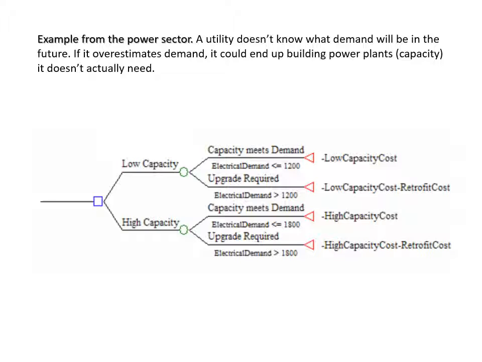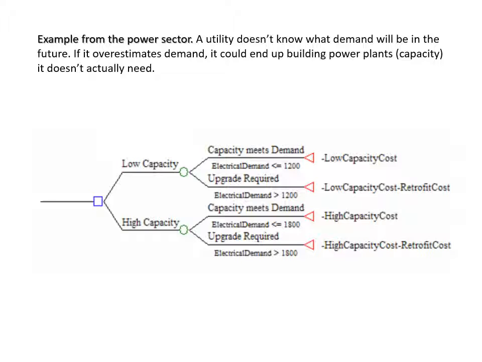And once you make those two choices, then you have these chance variables that split up into two different possibilities. The first possibility is that the capacity that you have meets demand, and the second possibility is that you have to pretty quickly upgrade your capacity because the capacity you have doesn't meet electricity demand.